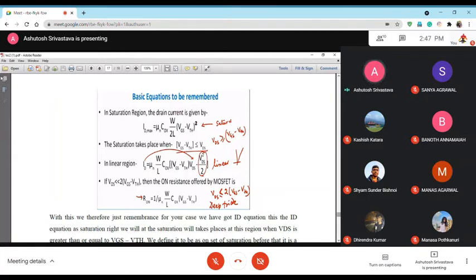So the transistor reaches the so-called deep triode region when your drain source voltage is less than or equal to twice the overdrive voltage.